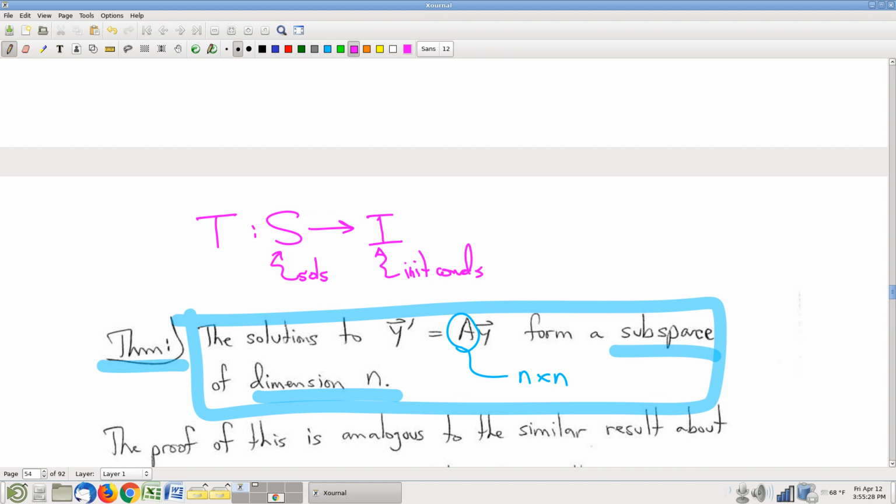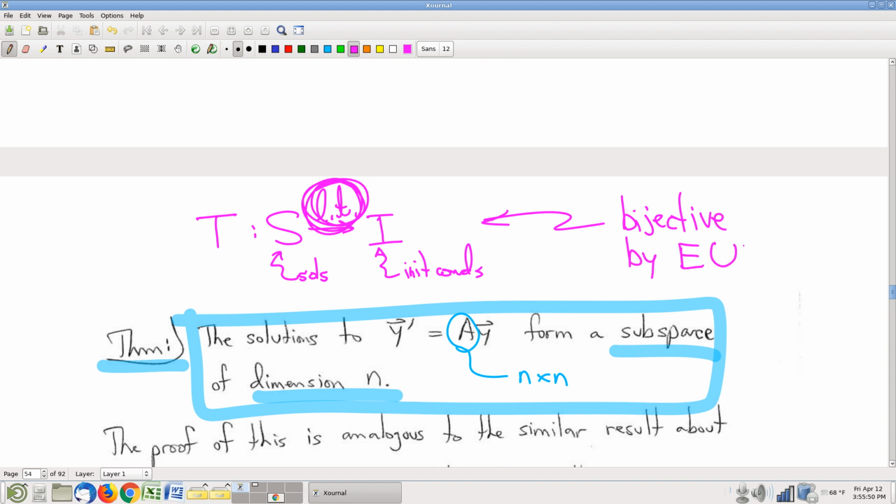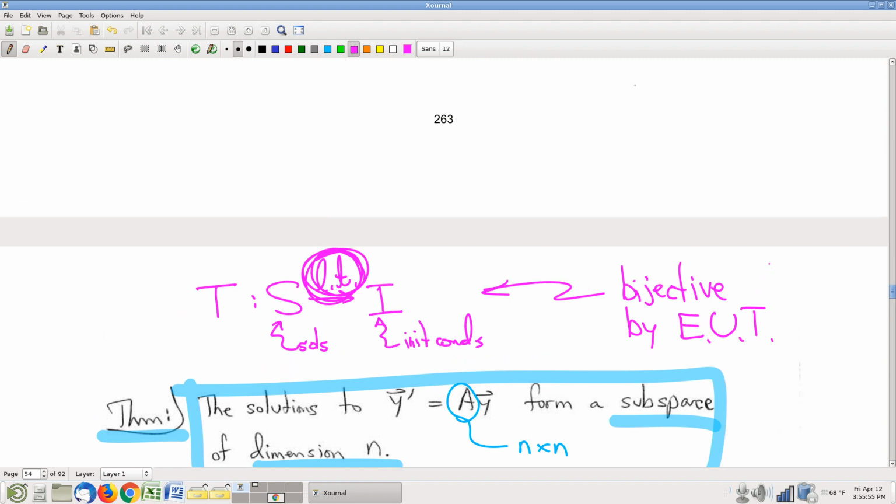Some things that you can check. One, you can check that this is a linear transformation. That's an exercise. Here's another thing that you can check. This linear transformation is bijective. And it's bijective because of our existence and uniqueness theorem. If you look back at what the existence and uniqueness theorem says, for every initial condition, there is exactly one corresponding solution.